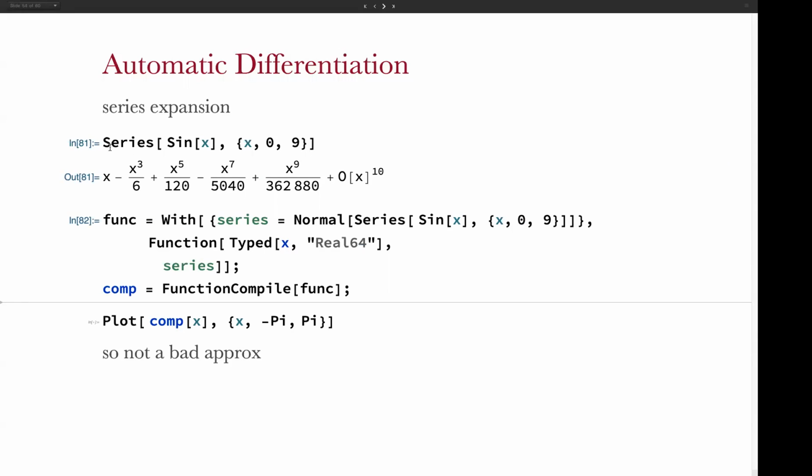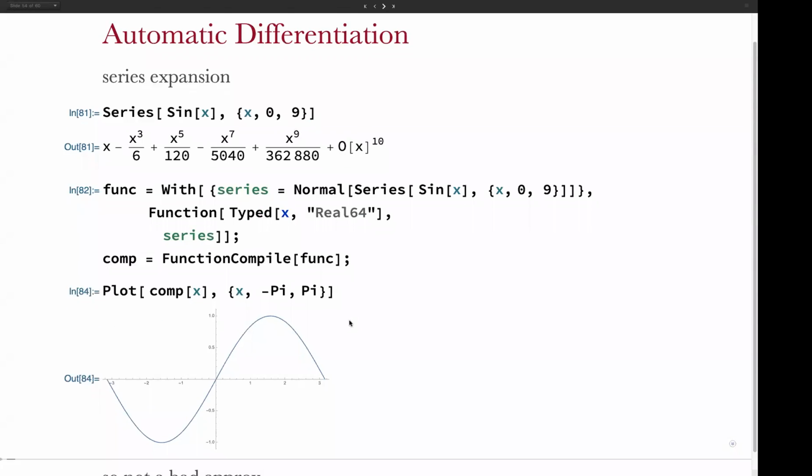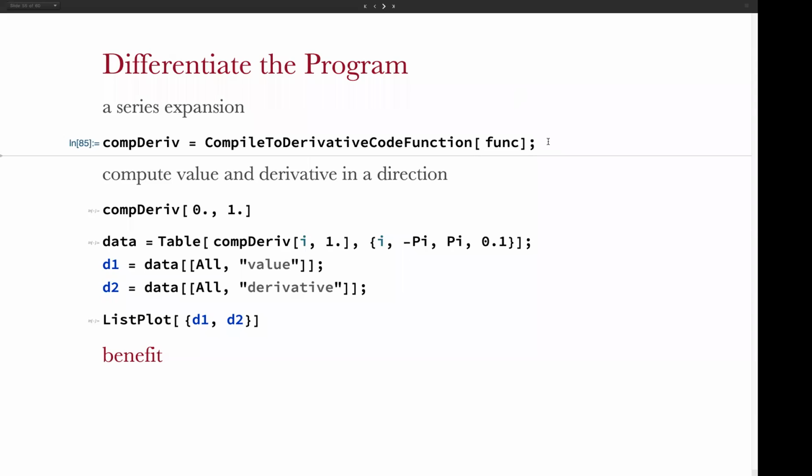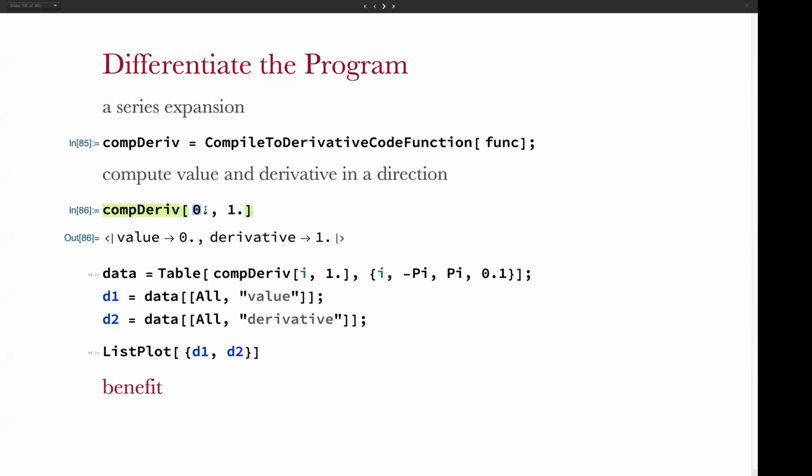So here I've generated a series approximation of the sine function and compiled a version of it, and then I can plot that out. And actually, it's not a bad approximation. Now I'm going to run this into the automatic differentiator. What this does is it returns a function that you give a value of the independent variable, and then it returns the value of the function and the projection of the derivative in one direction.